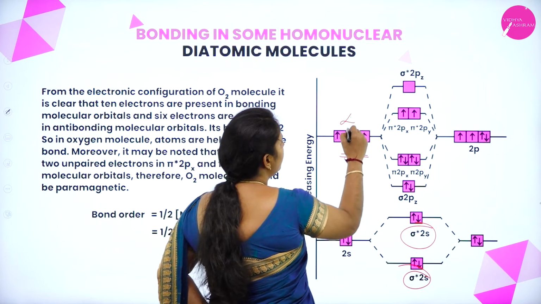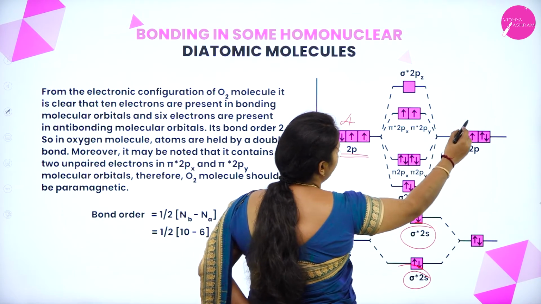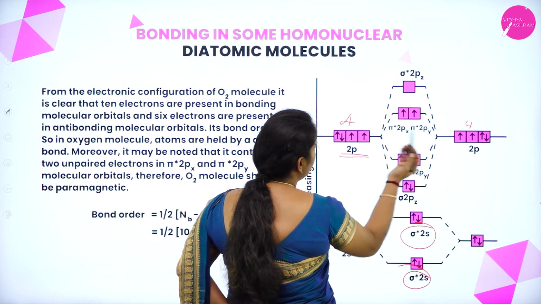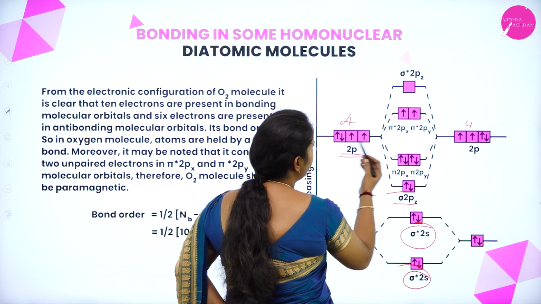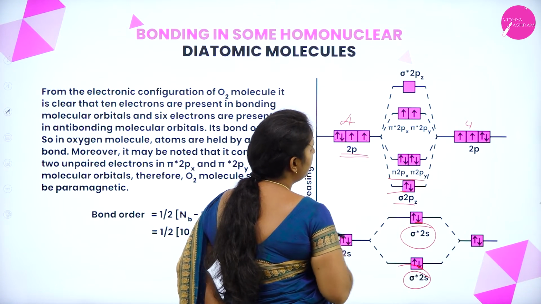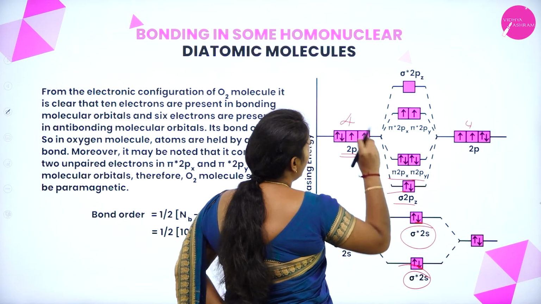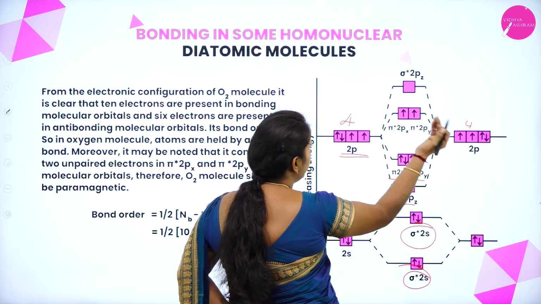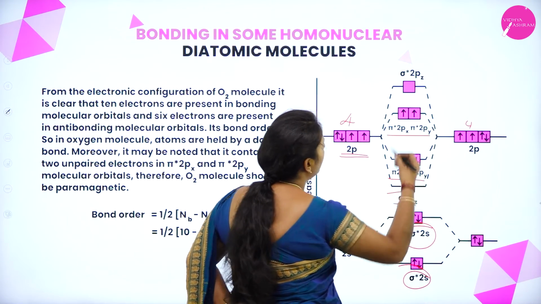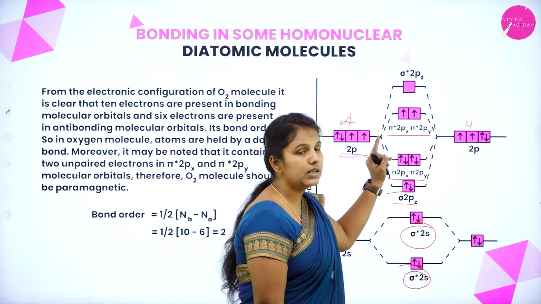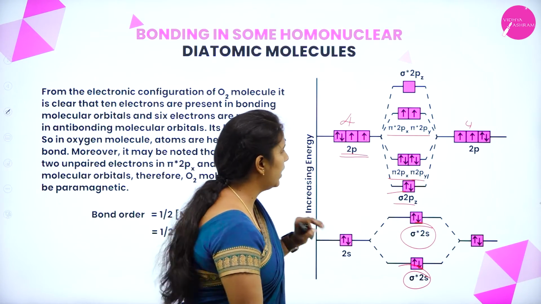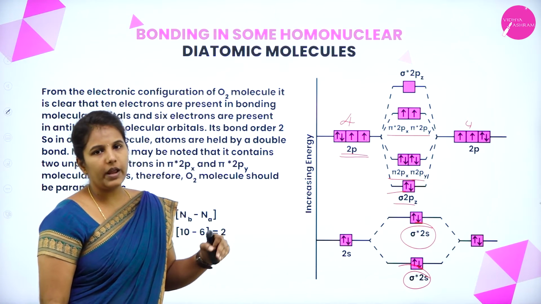So there are 4 electrons that become unpaired. So it will share one electron to form a sigma 2pz. Similarly, it will share one more electron to form a pi 2px and pi 2py. And similarly, the last one electron, if it is combined, results in the formation of 2 unpaired electrons, known as pi star 2px1 and pi star 2py1.